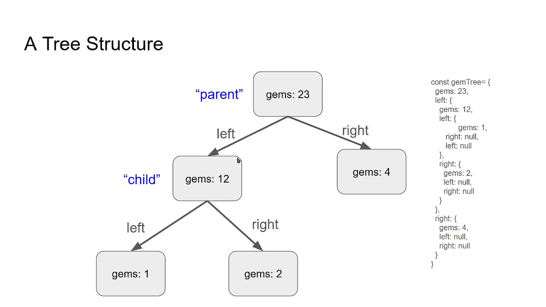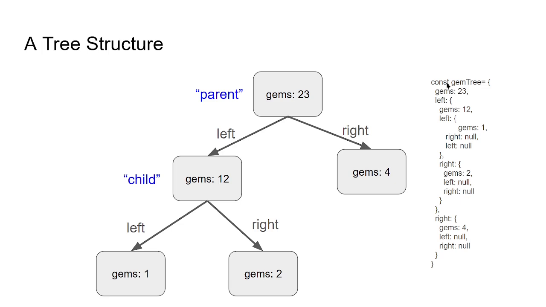Instead of drawing it as boxes with arrows between, you can have parentheses, and what you see here is the constant, a gem tree, and we have a parenthesis. We have gems on the first level here. We have a left and we have a right, and on the left branch we have the node here that has 12 gems that corresponds to this, and so on and so on. So when you have a tree structure, you can convert it into a JSON object also.